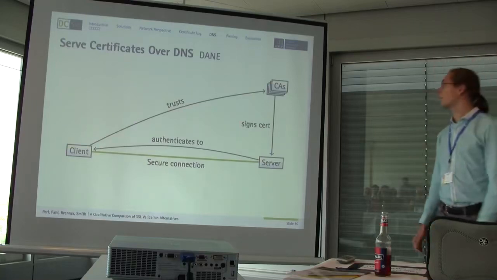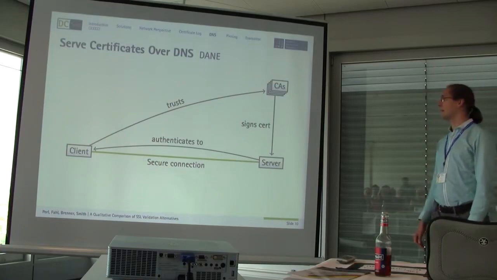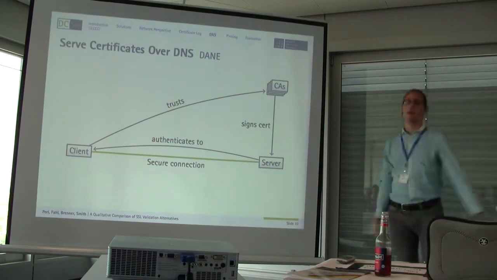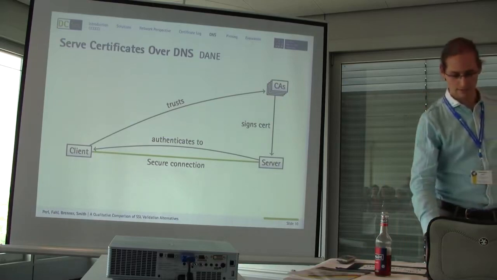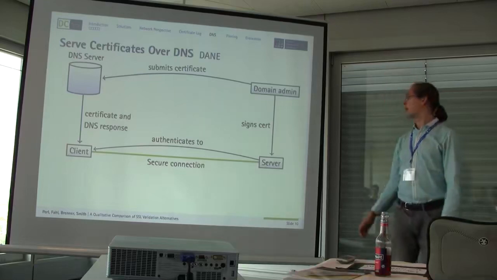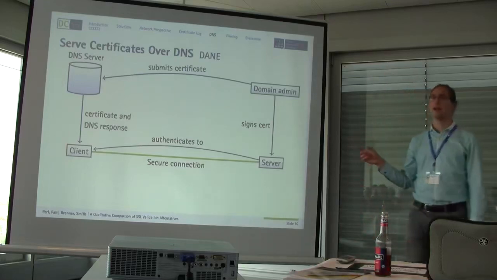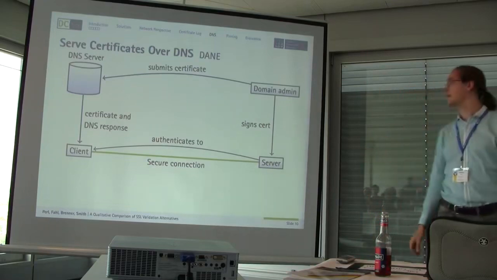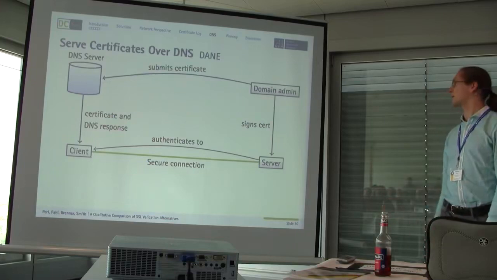So the next idea is to serve the certificates over DANE. Again, starting from the same old status quo, we actually have a DNS server, right? But in that sense, the domain admin, so the one that runs the DNS server, submits the certificate and signs the certificate.